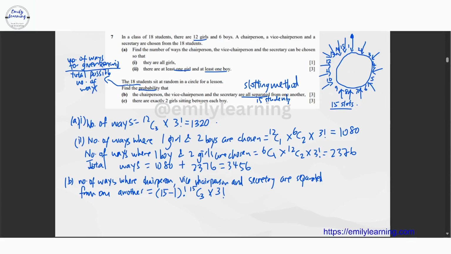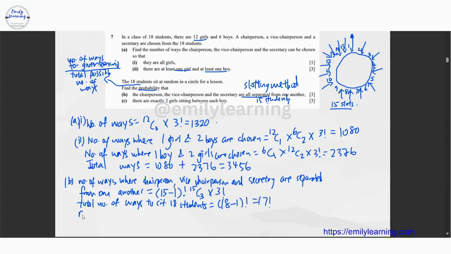The total number of ways of sitting 18 students in the circle will be 18 minus 1 factorial. I'll not write the inner circle because it's very long. So I'll take 18 minus 1 factorial, which is 17 factorial.